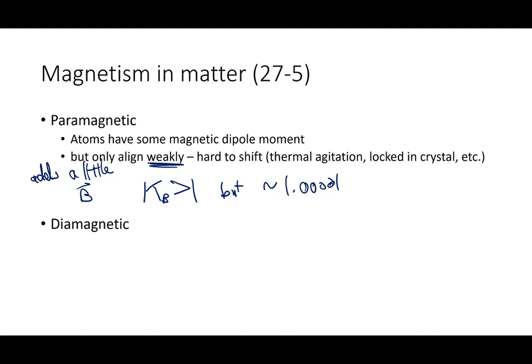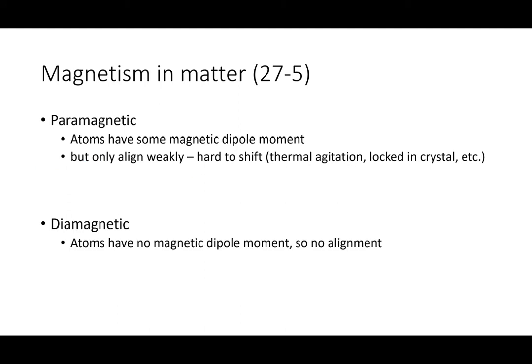Then we have another class of material called diamagnetic, where intrinsically the magnetic dipole moment is very small to begin with. So each atom has basically no magnetic dipole moment, so there's no possible alignment that happens. So the magnetic field doesn't even get stronger at all.